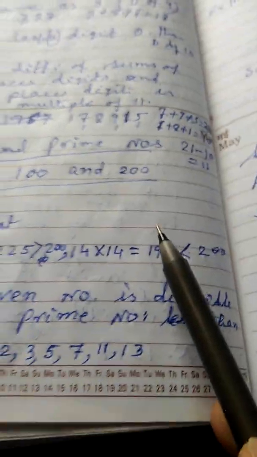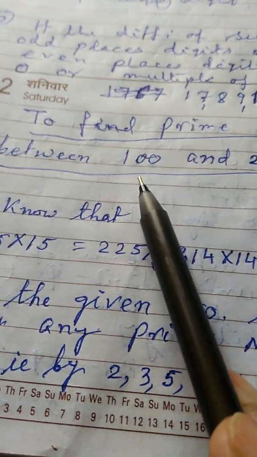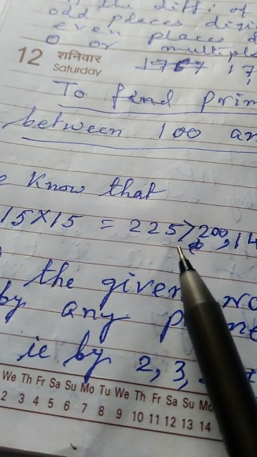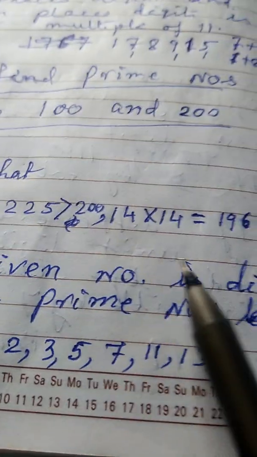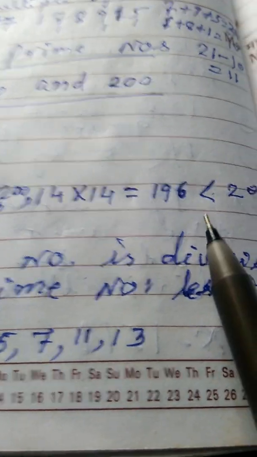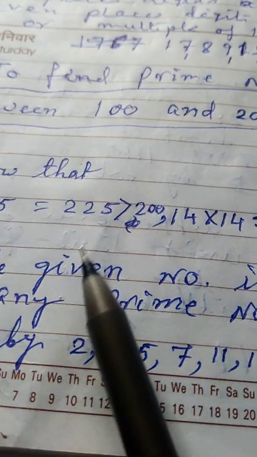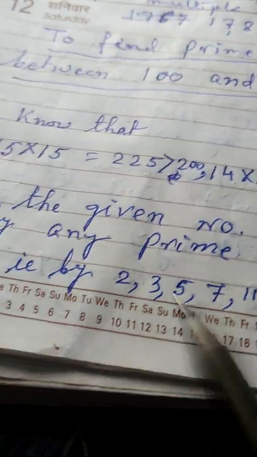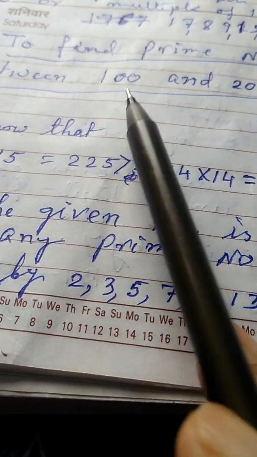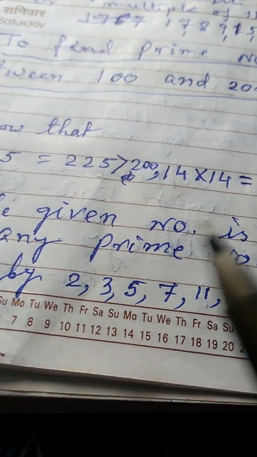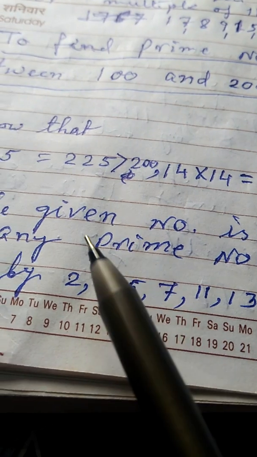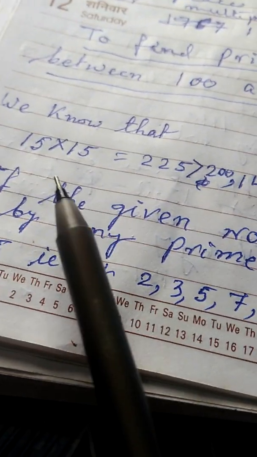Now, to find prime numbers between 100 and 200. As we know, 15 times 15 is 225, which is greater than 200, and 14 times 14 is 196, less than 200. So we have to check whether the given number between 100 and 200 is divisible by any prime less than 15.